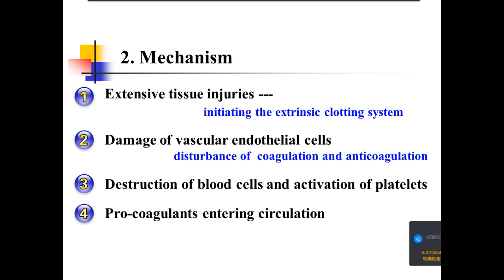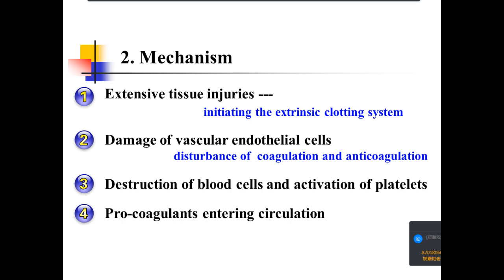Why does damaged VEC lead to DIC? The pathogenesis includes five. The first, damaged VEC can release tissue factor. Also, when VEC is damaged, collagen is exposed and stimulates coagulation factor 12, stimulating the intrinsic coagulation pathway.